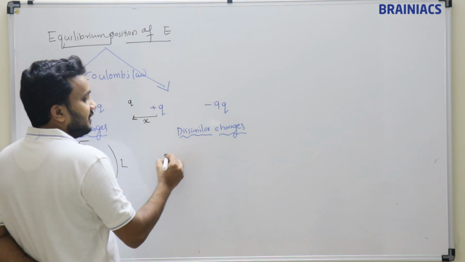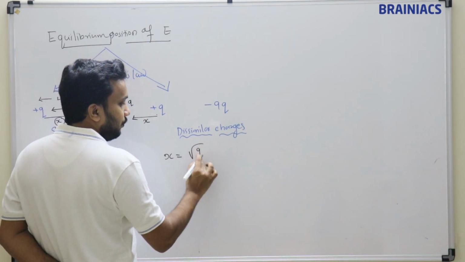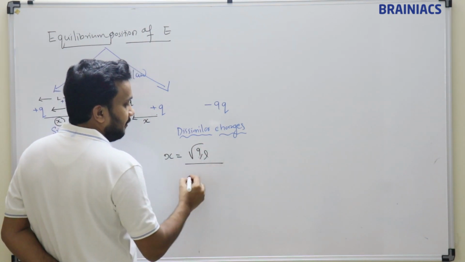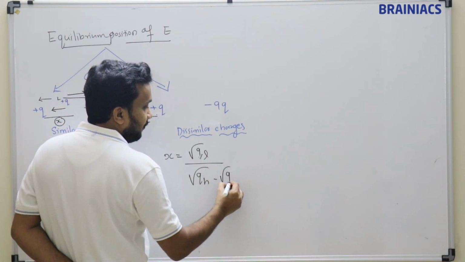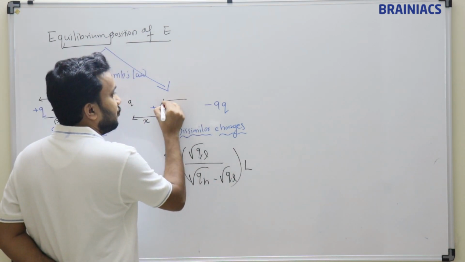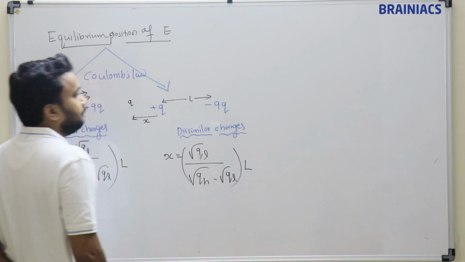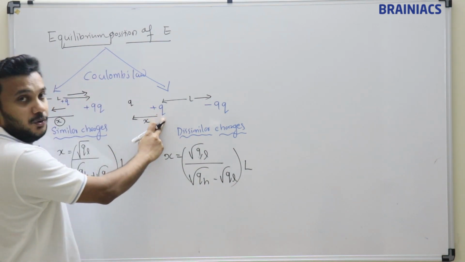What is the value of x in this case? x will be equal to root of q low divided by root of q high minus root of q low, multiplied with the distance between the two charges, which is called L. Why is the third charge placed left of the lower charge?